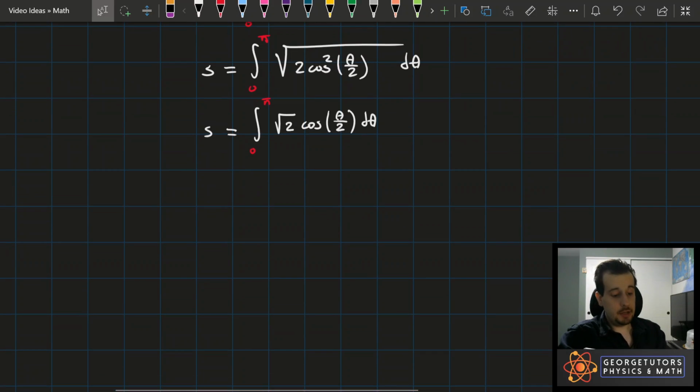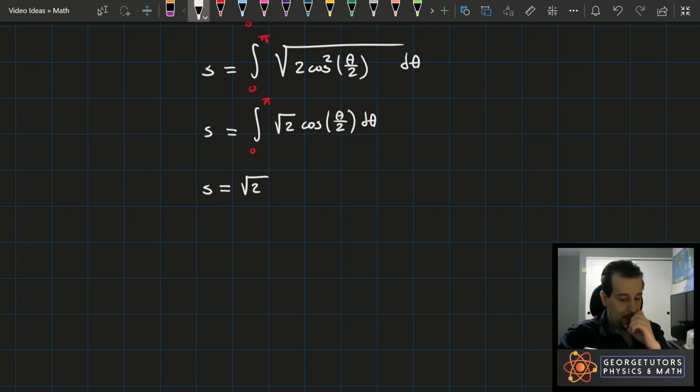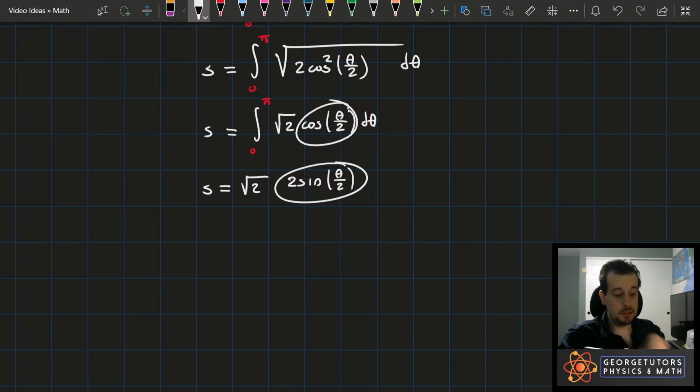And from here, it's really easy now to finalize this. So we've got cos theta over 2 being integrated. That must have come from a sine theta over 2, positive sign. But if I differentiate this, the 1/2 would come out, and I don't want that, so I need to multiply this result by 2, in that if I differentiate this now, I'm going to get exactly this guy over there.